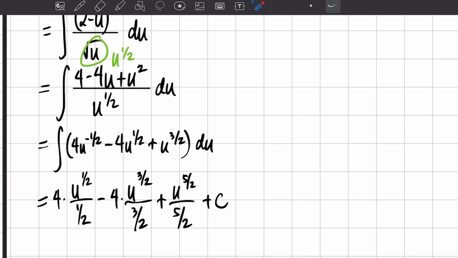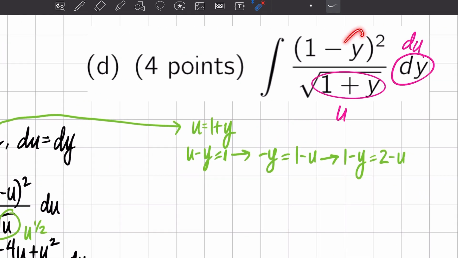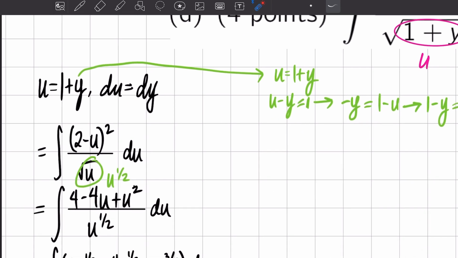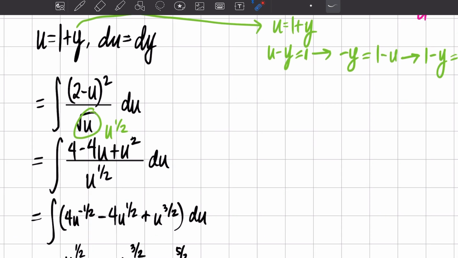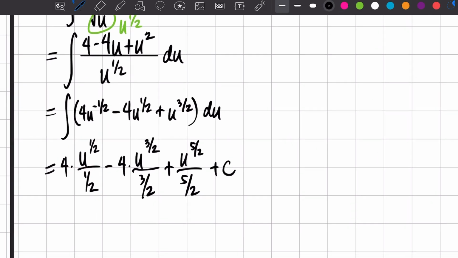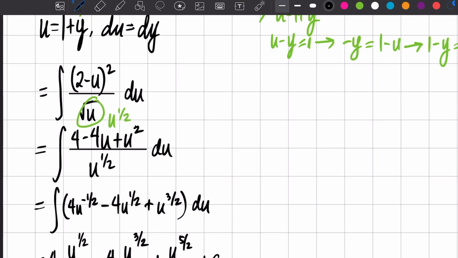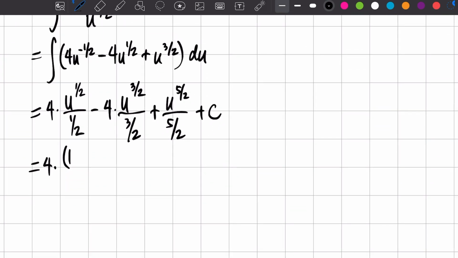Oops! I forgot one thing. Remember that our problem is in terms of y. So what we have to do is plug this back into our answer right here. So we have 4 times our u, which is 1 plus y.